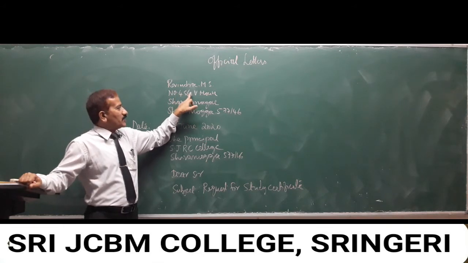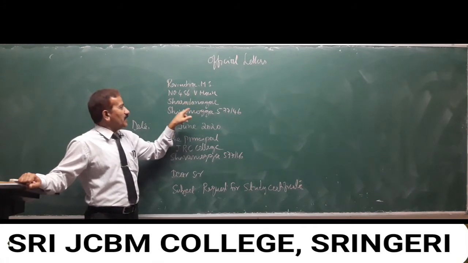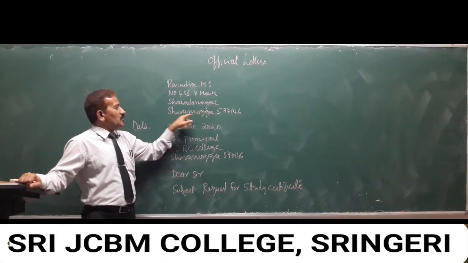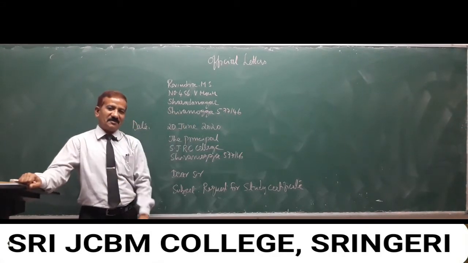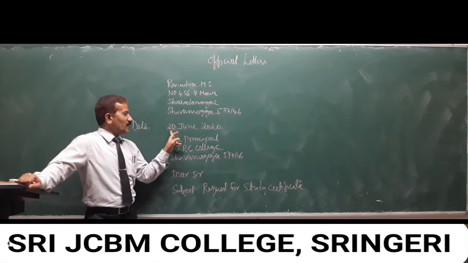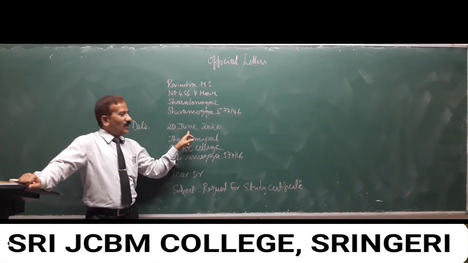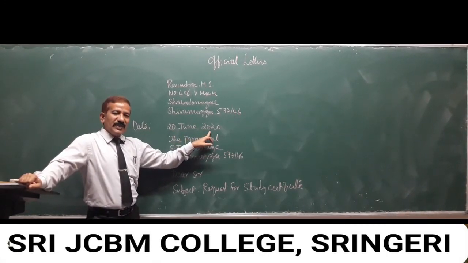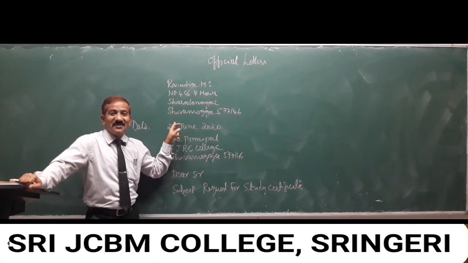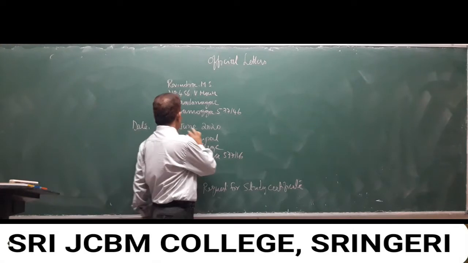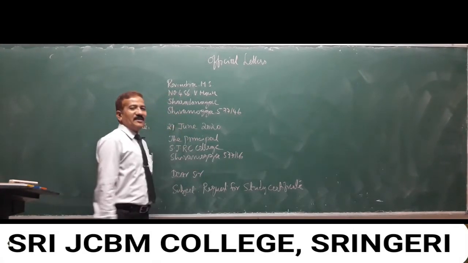First 4, 5, 6. Again, see, you need not use a comma here. Fifth Main, Sharadanagar, Shivamogga. See, I do not use any comma or full stop here. Open punctuation. Again here, 20 June 2020. Even I have avoided using the 20th. If it is the 21st, even then you write 21.